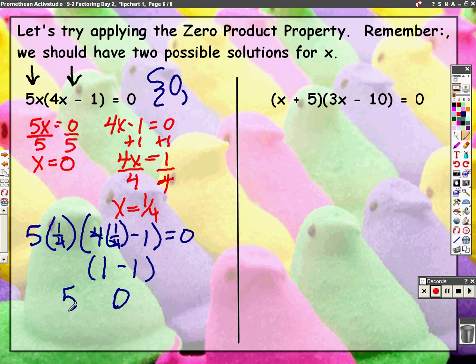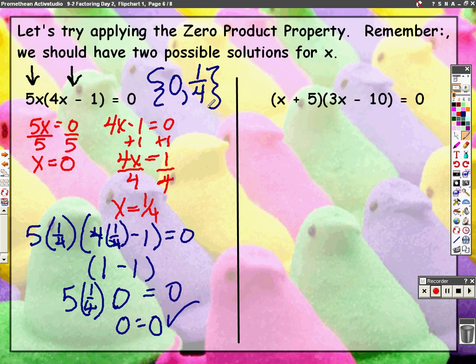So I don't need to multiply 5 times 1/4 because I already know that 0 times anything is 0. And when I get a true statement, I know that my solution is correct. So the two possible solutions to this equation are 0 and 1/4.